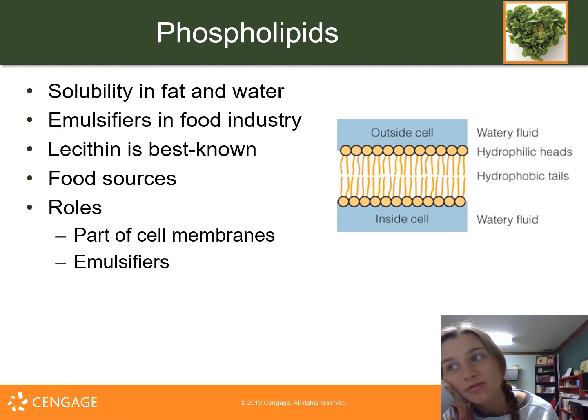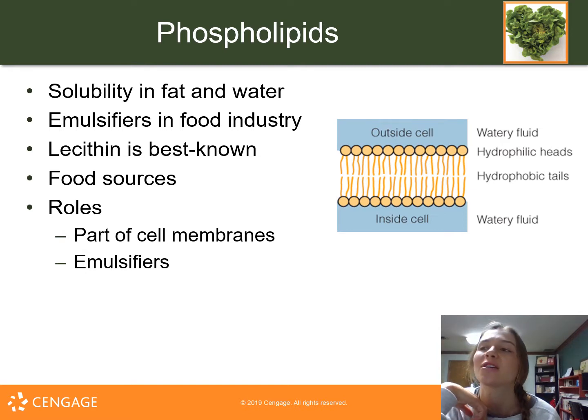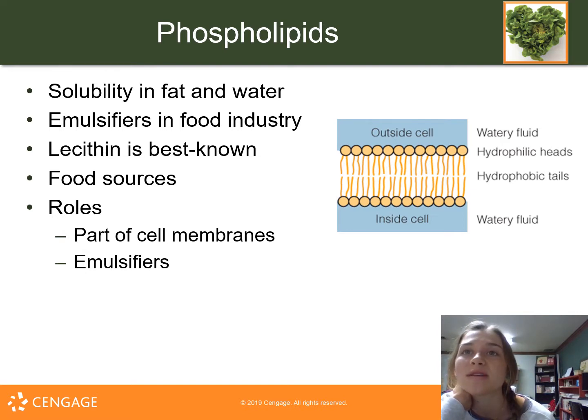The food sources richest in lecithin are eggs, liver, soybeans, wheat germ, and peanuts, but they're also used as emulsifiers in mayonnaise, salad dressings, and candy bars. Emulsifiers are very much used by the food industry. As we said before, lecithin is the best known phospholipid, and it has important roles in emulsification and making up the cell membrane.